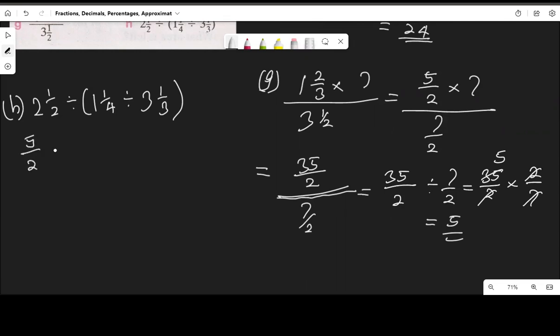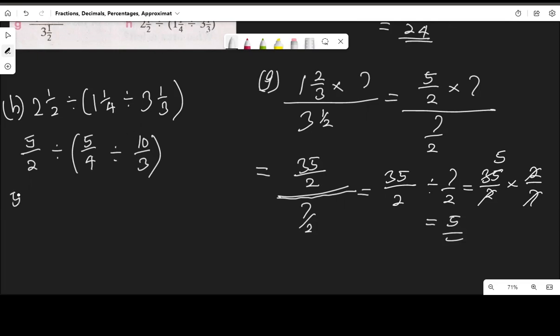So 5 over 2 divided by 1 times 4 is 4. 4 plus 1 is 5. 5 over 4 divided by 3 times 3, 9. 9 plus 1 is 10. 10 over 3. When dividing one fraction by another fraction, the sign of division will change to multiplication. Then we'll multiply by the reciprocal of this fraction.